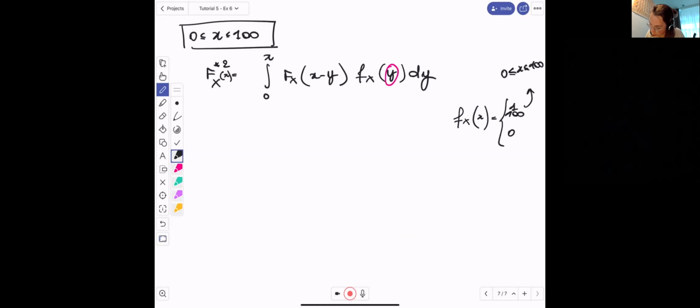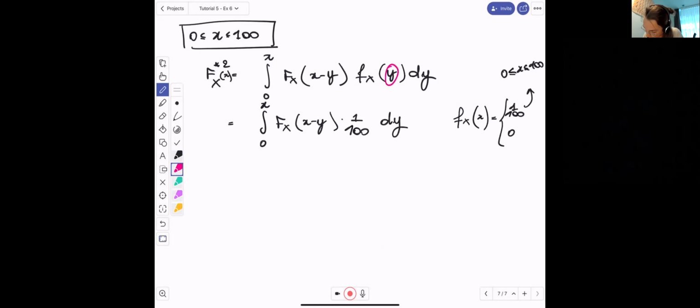So what we can do is replace this density function with 1 over 100, the value of the density function in case y is between 0 and 100. So that is not a problem at all. And then we get the following.